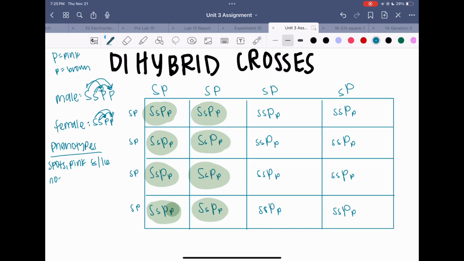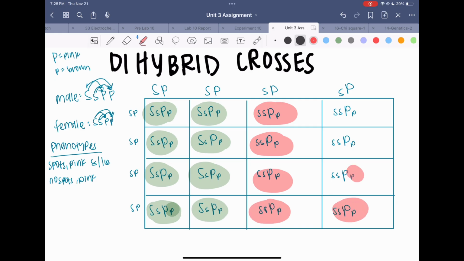Now we're going to have no spots and pink, so we're looking for a big P, small s. Okay, so that's the other half. So I did not make this very creative.